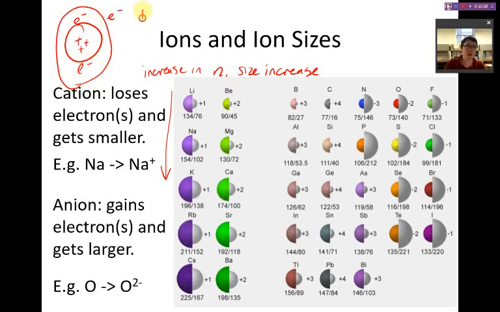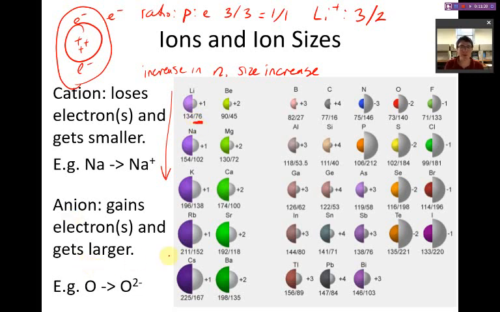So the ratio of protons to electrons is 3 to 3 or 1 to 1. When we remove an electron, then we have 3 protons and 2 electrons. So now there's a higher ratio of protons to electrons. Therefore, they pull the remaining electrons in closer to the nucleus. And so that's why we end up with a decrease in size when we form a cation.